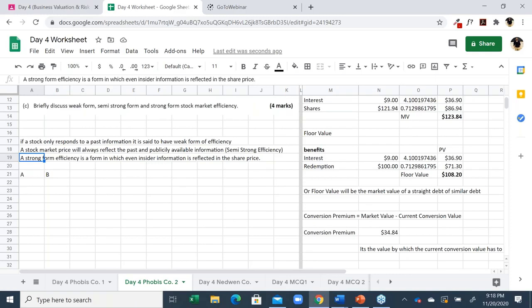So it's not allowed. So most of the stock markets have this semi-strong efficiency. Is that clear?